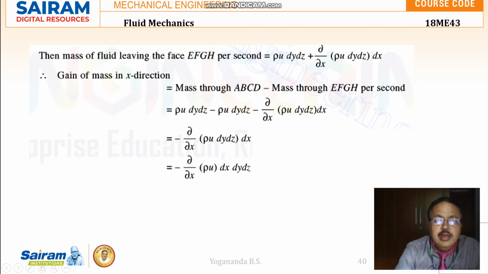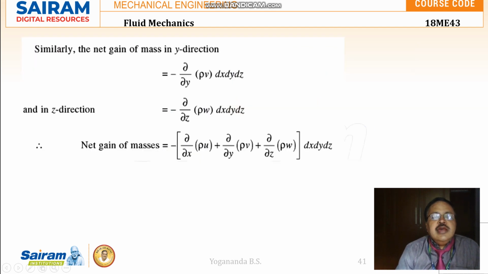So in place of x we have y and in place of u we have v. That is the net gain of mass in y direction. Similarly in z direction we have minus of, instead of y we have z and instead of v we have w. So del by del z of rho w into dx dy dz.